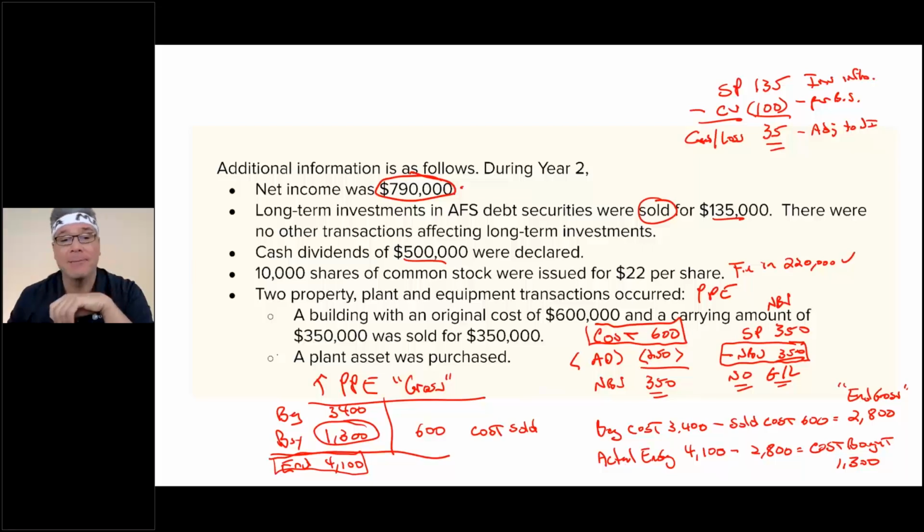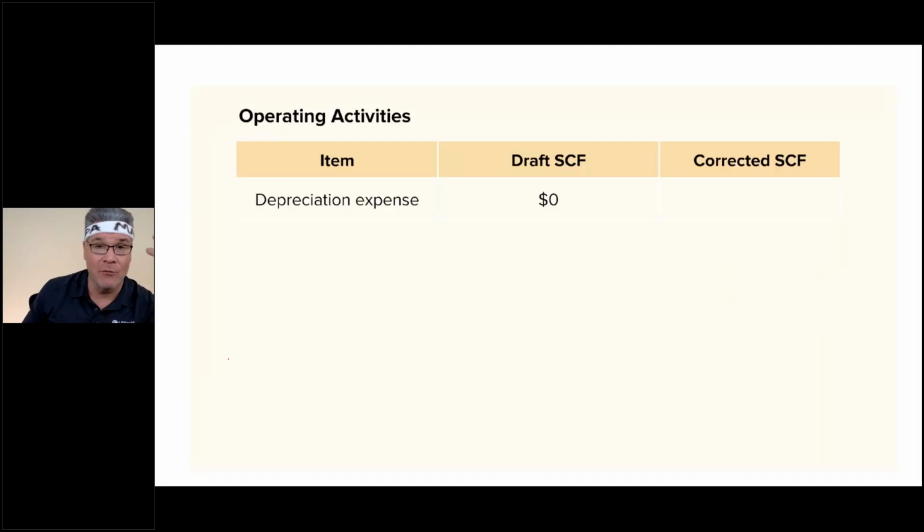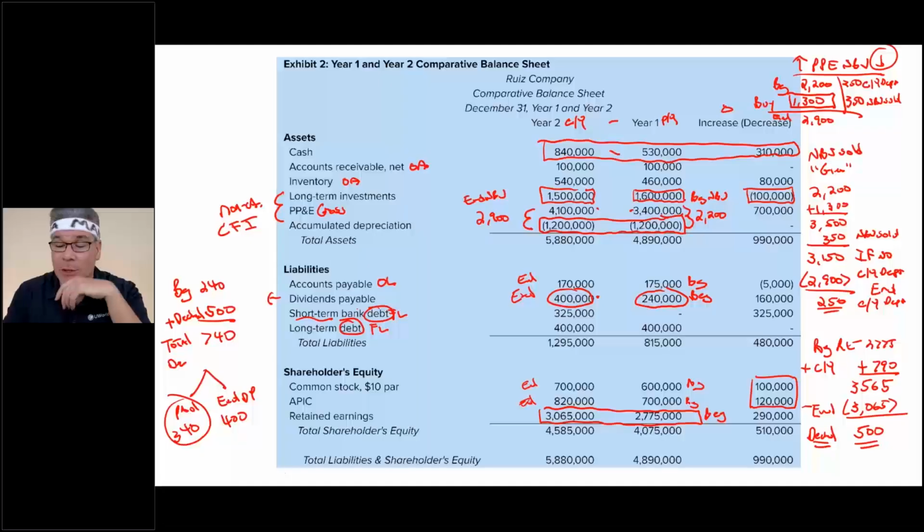So now they ask us as part of our requirements, hey, fix things one at a time. So this would be part of what we need to do. The draft statement of cash flow is what was done. How do we correct that? Well, we found the current year depreciation. We said that current year depreciation has got to be 250,000, and we add that back to net income.